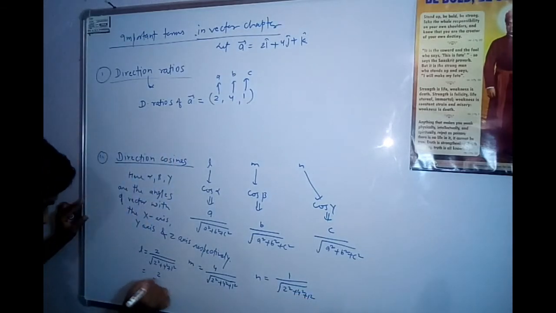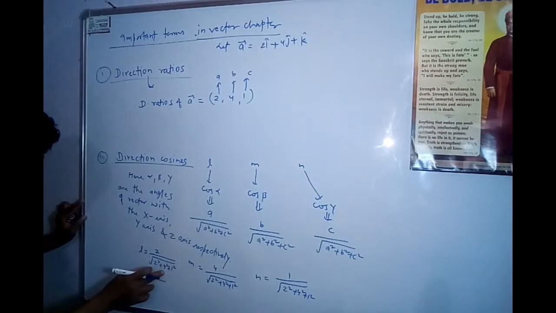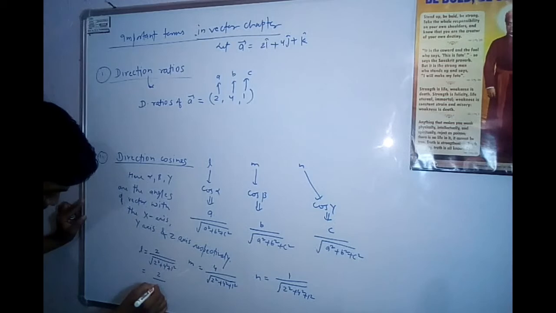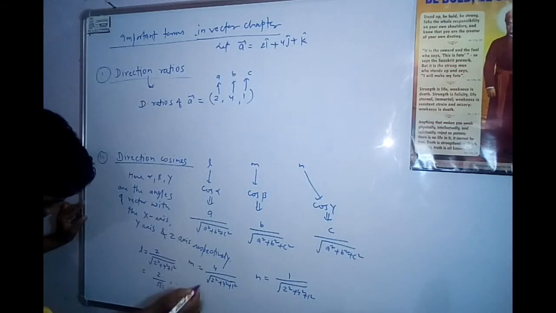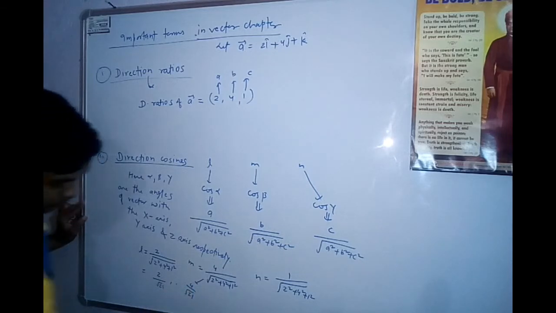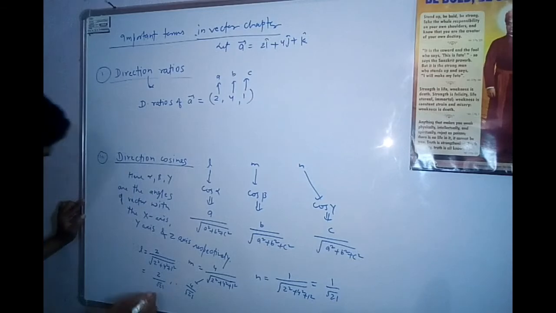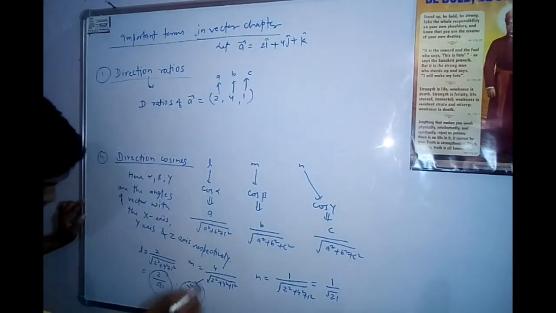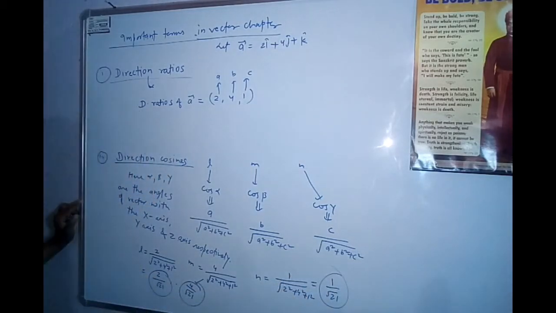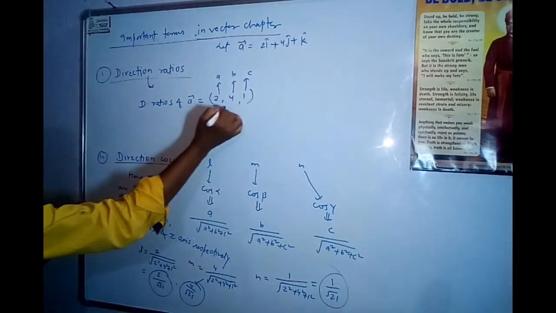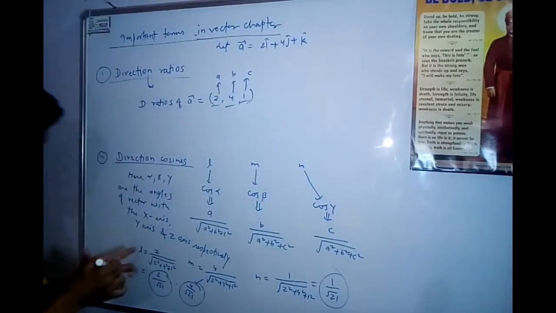So 2 square 4, 4 square 16, that is 20, 20 and 1, root 21. 2 by root 21, 4 by root 21, and 1 by root 21. So these are the direction cosines, and these are the direction ratios basically.